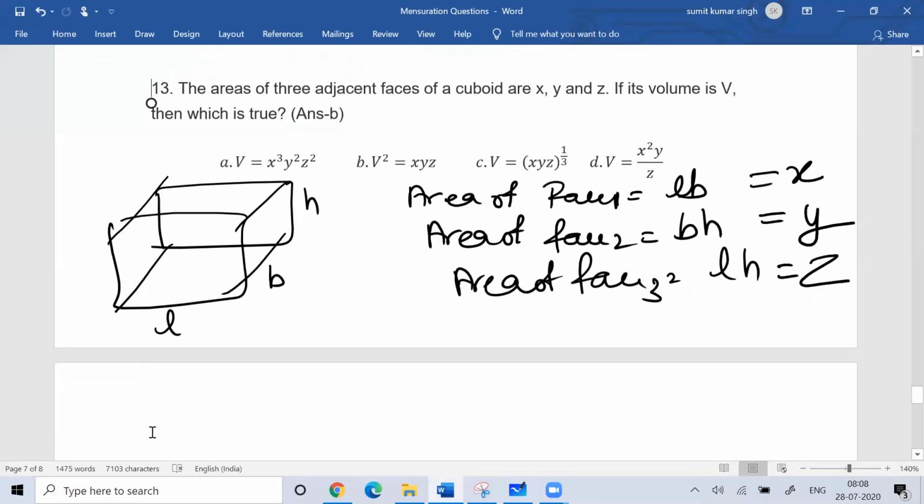Okay, so I know that the volume of the cuboid is L into B into H. You know this, right?